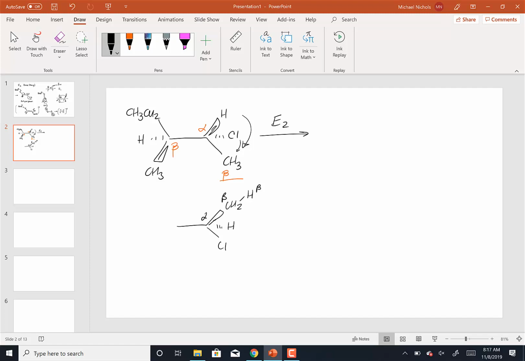Now, just looking at that arrangement, the beta hydrogen has to be anti-periplanar to the chlorine. When you have a CH3 group, any of those three hydrogens could be anti-periplanar, and I could rotate any of those three hydrogens to be anti-periplanar. So in this case, the base is going to come in, it's going to grab that hydrogen, that pair of electrons is going to go here, and the chlorine is going to be kicked off.